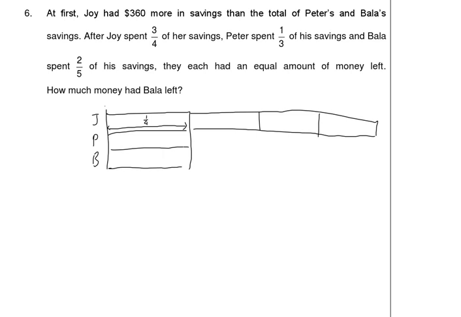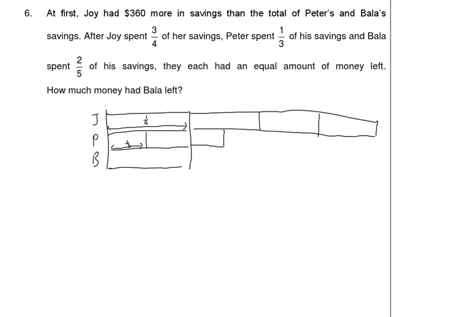If he spent 1/3 of his savings, what fraction is he left with, Isabel? 2/3, right? So this part is actually 2/3. So I cut this to show 2/3, and I need to draw here to make it one whole. So here this is actually 1/3 of his savings.